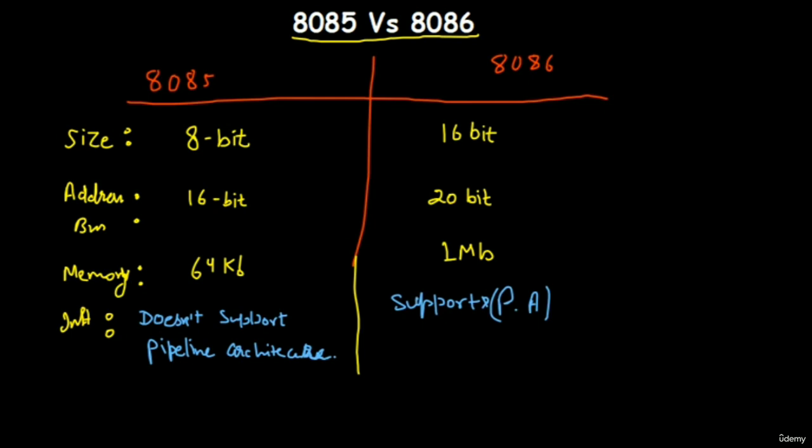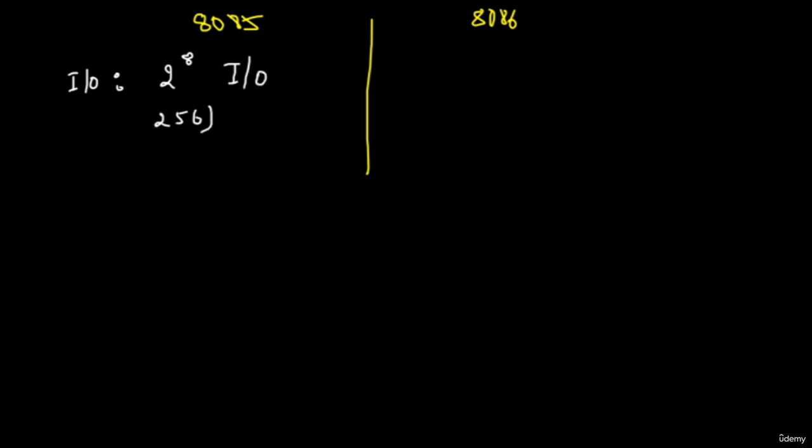Okay, let's use the next page for the next data. As obvious, 8085 is here and 8086 is here. And now what we are having here as the next point is input output. So 8085 can address 2 to the power 8 input output, or you can simply say 256 inputs and outputs in one instruction cycle.